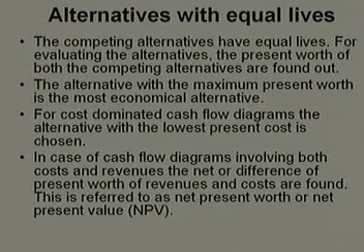So, if it is a cost dominated cash flow diagram, the decision rule is the alternative with the lowest present cost is the right alternative. Whereas, when we are dealing with present worth situation in which we are given the revenues alone, at that point of time we calculate the present worth, and then the alternative with the maximum present worth is the most economical alternative.